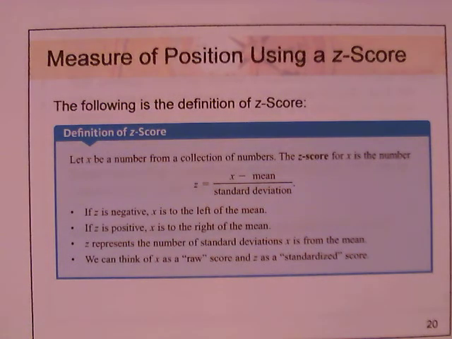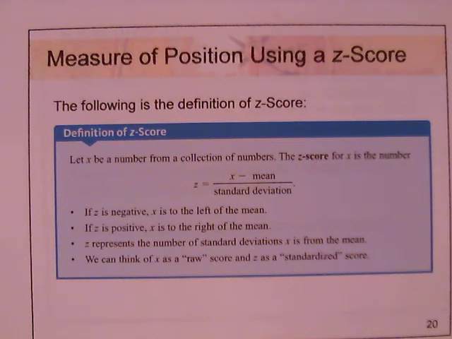And if z is positive, your x will be to the right of the mean. Now, the z represents the number of standard deviations your x value is from that mean. And we can think of x as a raw score and the z as a standardized score.